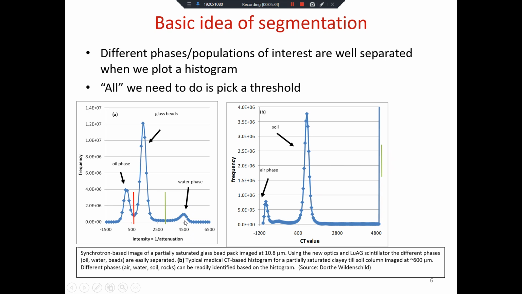Sometimes on a histogram itself, you don't necessarily see a peak because there's very little of it. And when there's very little of something in your image, that's going to affect your ability to identify it for sure. So for instance, here we see that we don't have, in this particular image, I don't think it's one of the previous ones because this is oil, glass, and water.